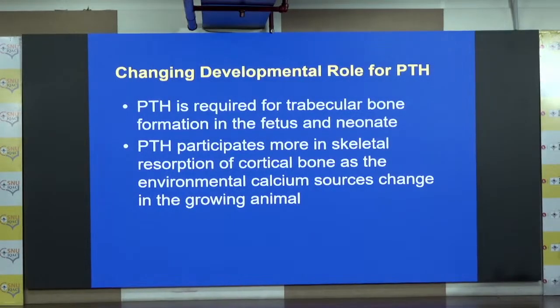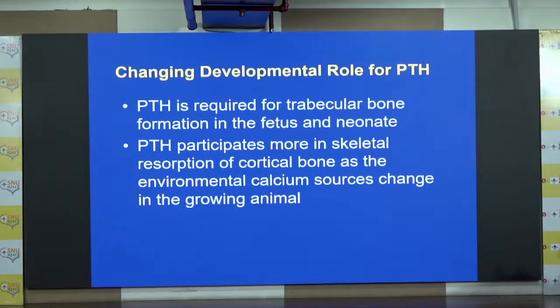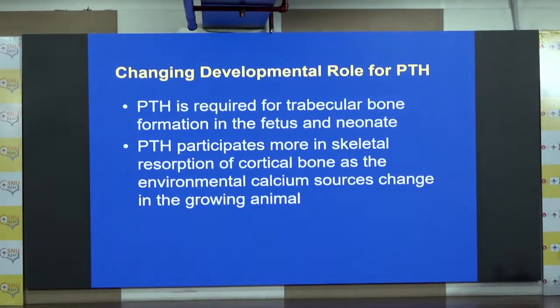So PTH is required for trabecular bone formation of the fetus and neonate, and PTH participates more in skeletal resorption of cortical bone as the environmental calcium sources change in the growing animal. And we know that the mother, through lactation or in utero, provides calcium requirements for the fetus, but the older animal has to fend for itself to get calcium into the bloodstream.